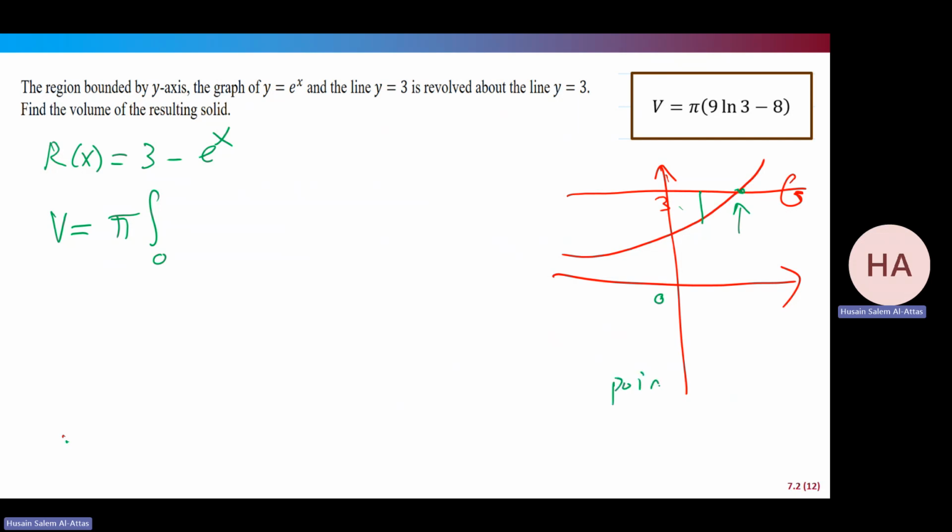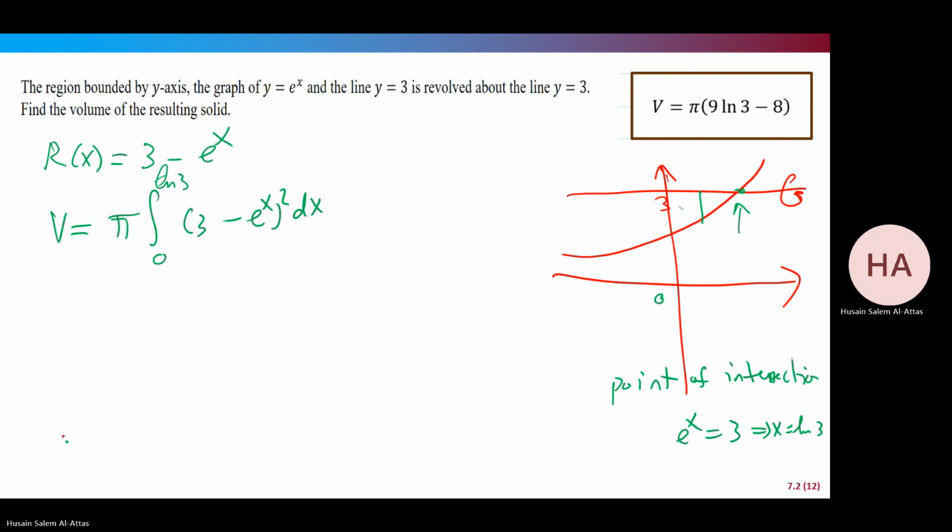So the point of intersection will be e to the x equals 3, so I have x equals ln 3. So it will be the integral from 0 to ln 3 of 3 minus e to the x, squared, dx.